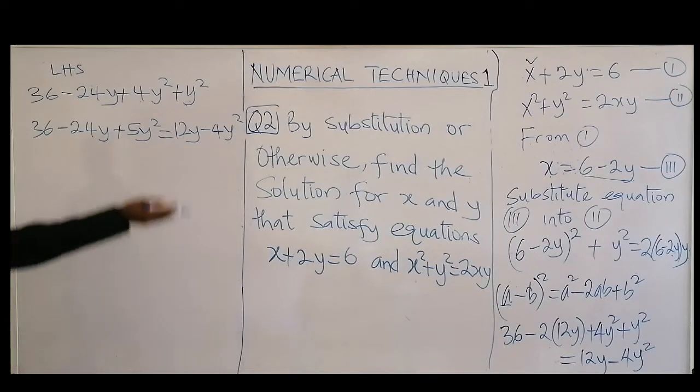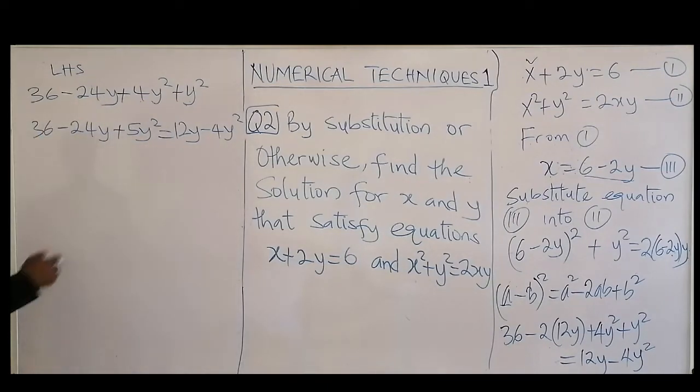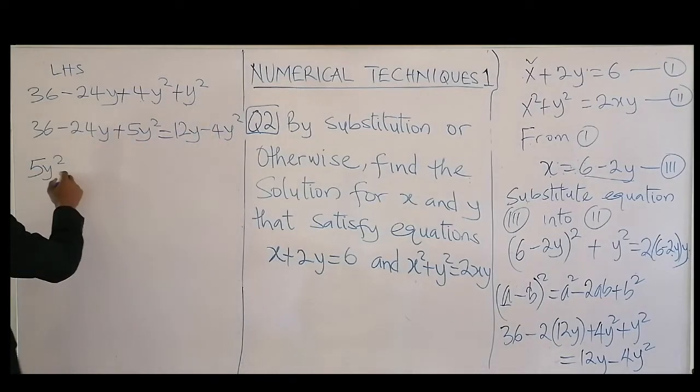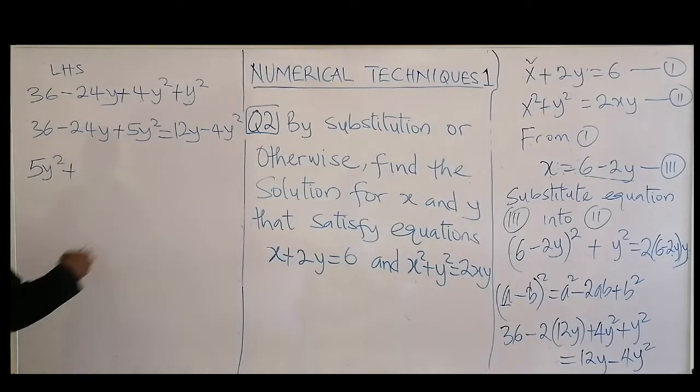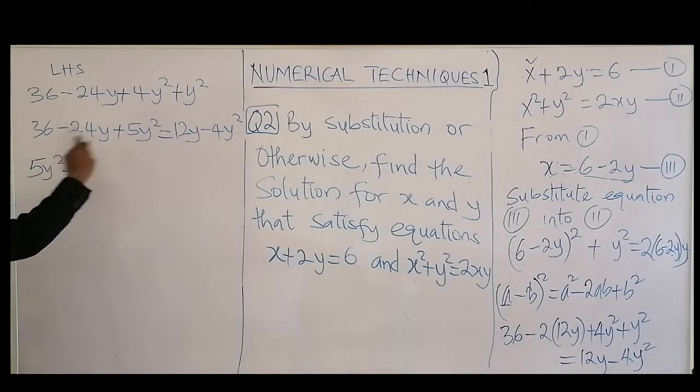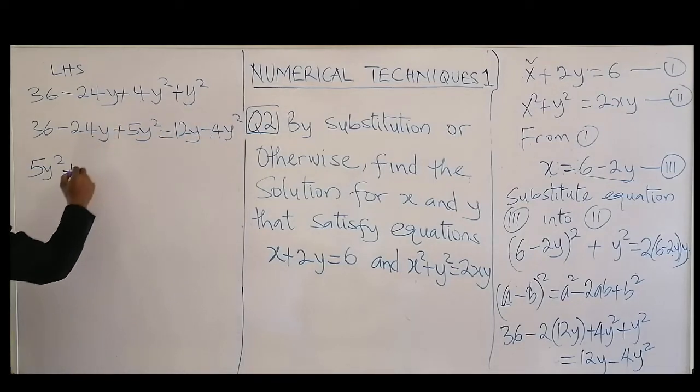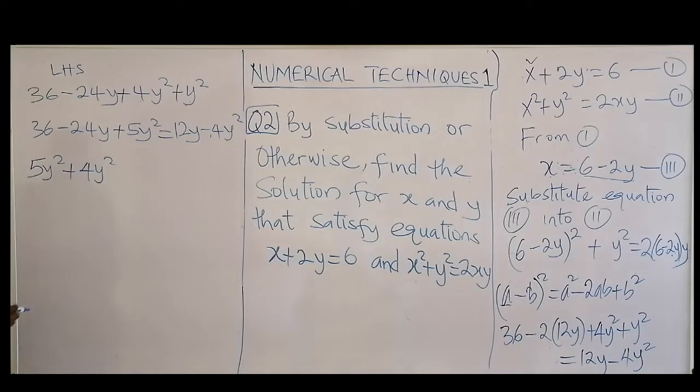Okay, bring everything to one side. So that will be equal to what? 5y squared. Move this one to the other side, so that's plus 9y squared. If you move this one to the left hand side, this is minus, so when you move to the other side, it becomes plus, that's plus 4y squared.